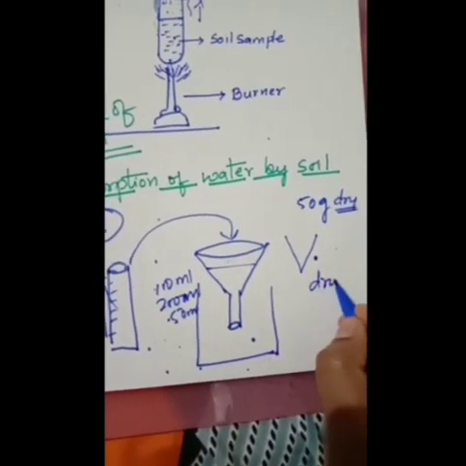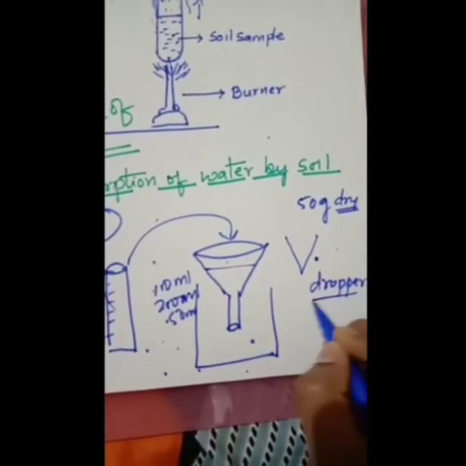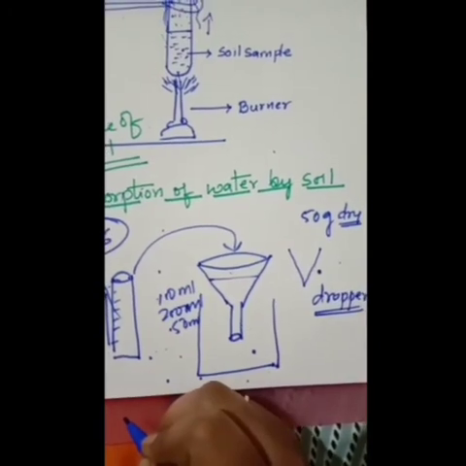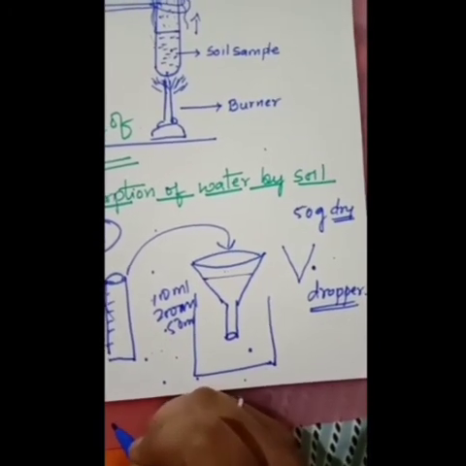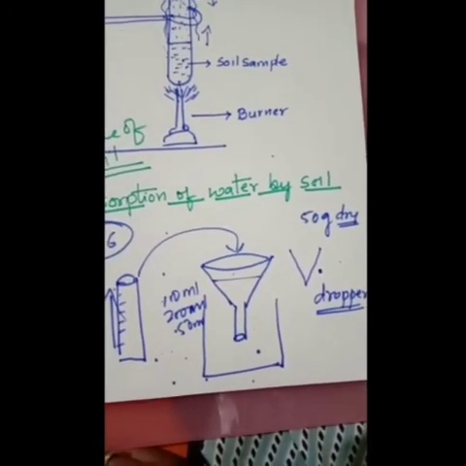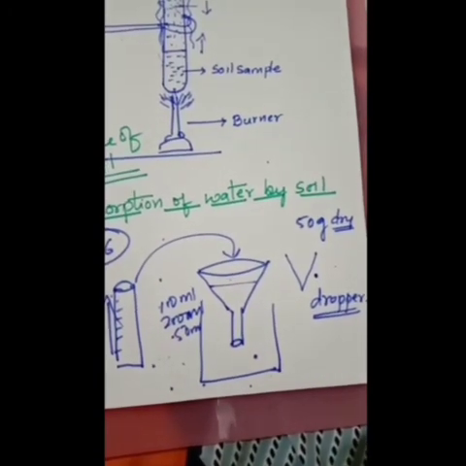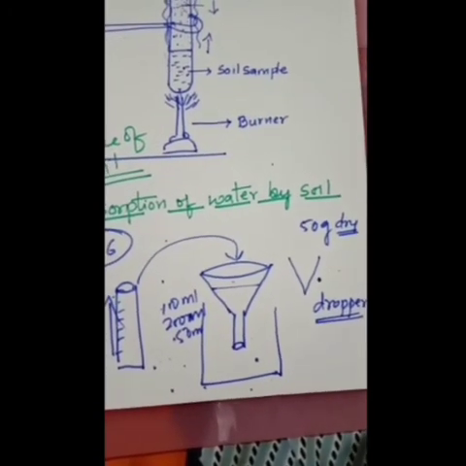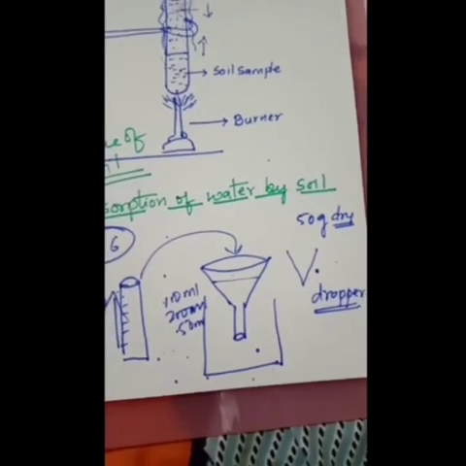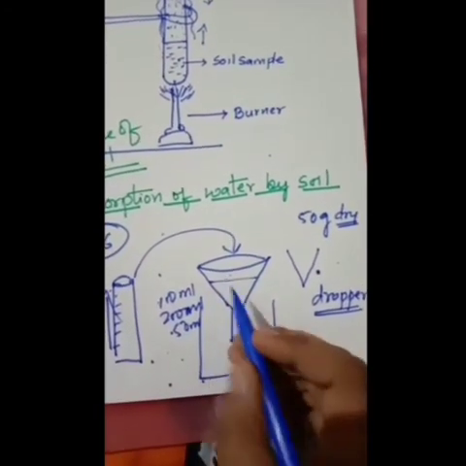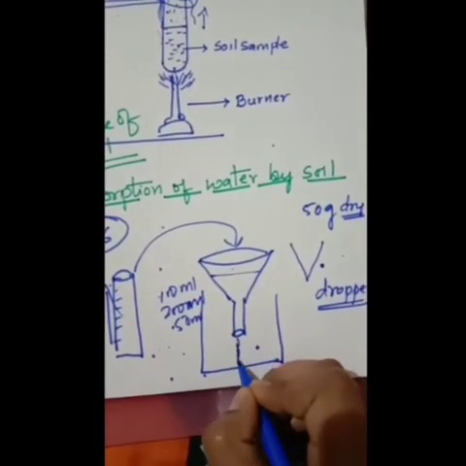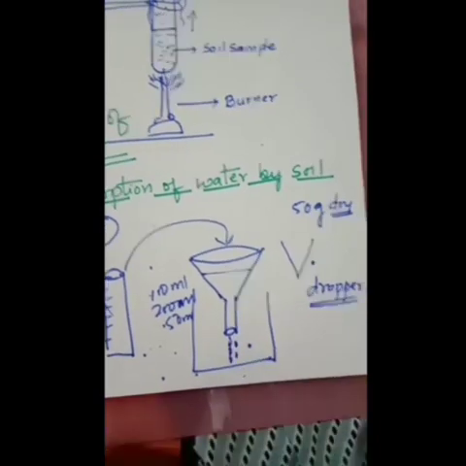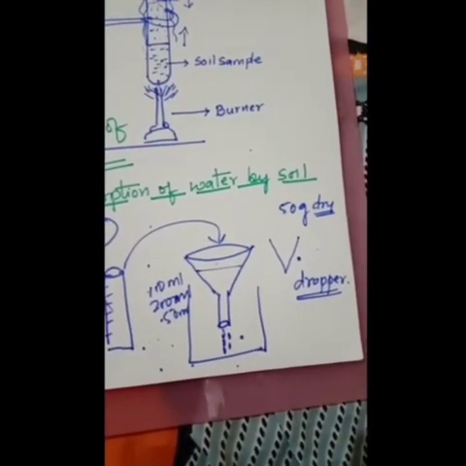You should not let all the water fall out of the funnel. Pour water all over the soil and keep pouring water till it starts dripping. Till it completes you need to pour the water.